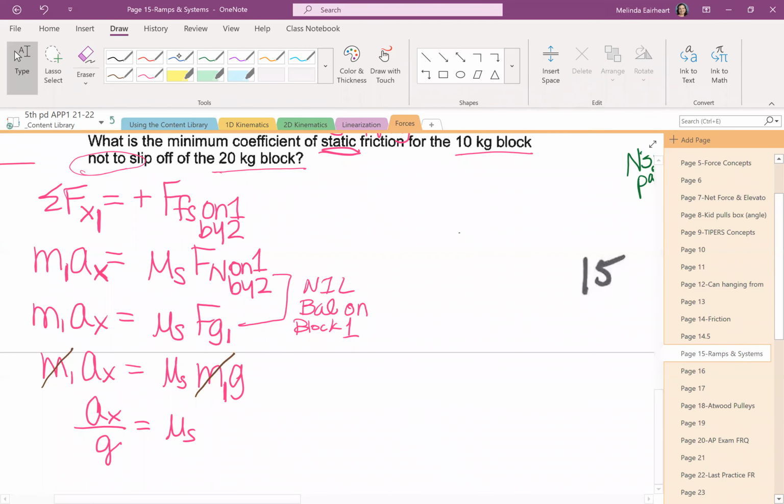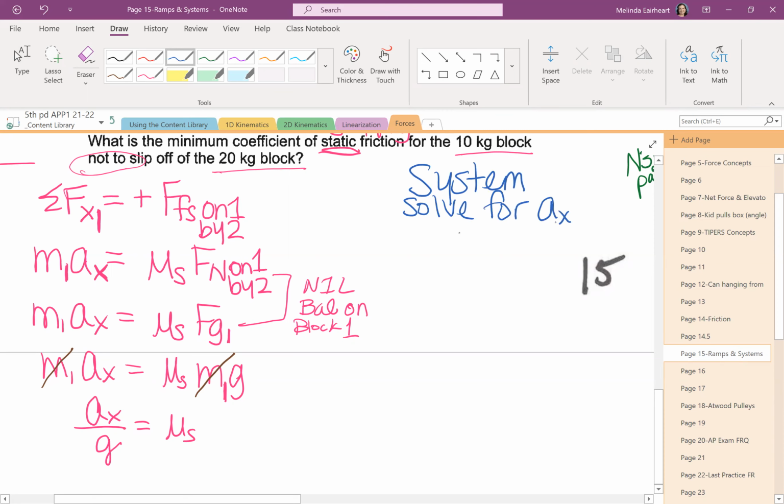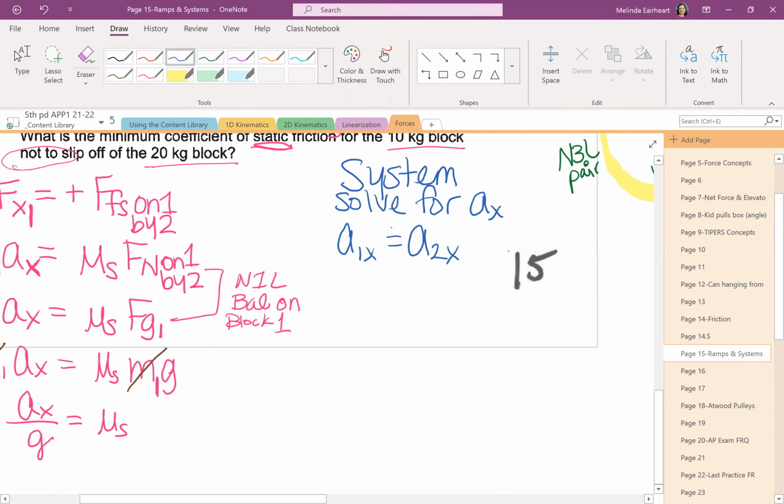And so I'm going to switch over to a system approach and solve for AX. And my reasoning is A1X is equal to A2X. They're moving together. They're both starting from rest. There's enough gripping friction between them, right? And if they're moving together, you could say that they have the same system acceleration. And so that's why doing your system can be helpful.